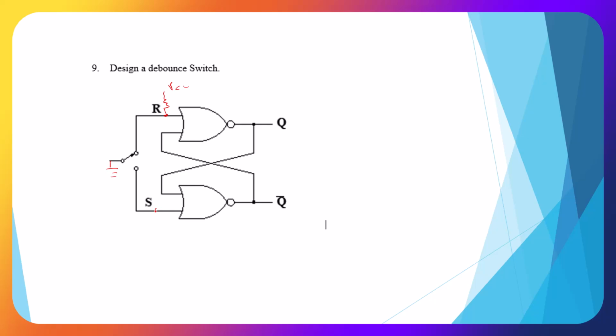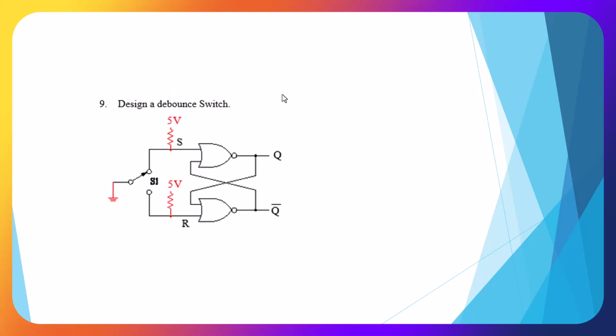Pull-up resistors will go to voltage. And that'll keep it from flipping. So whenever we flip this switch, we are going to get a debounced output. And our beautiful answer matches.